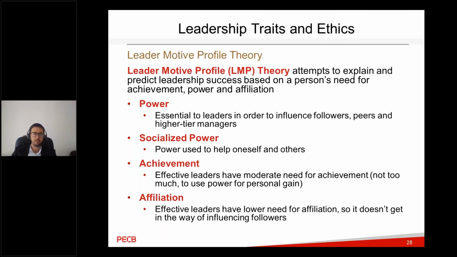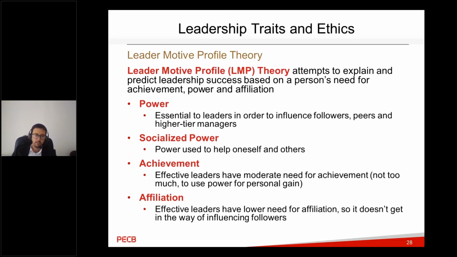personalized objectives. And when it comes to affiliation, we said that usually people need to have more need of power than need for affiliation if a person ought to be a good or an effective leader.